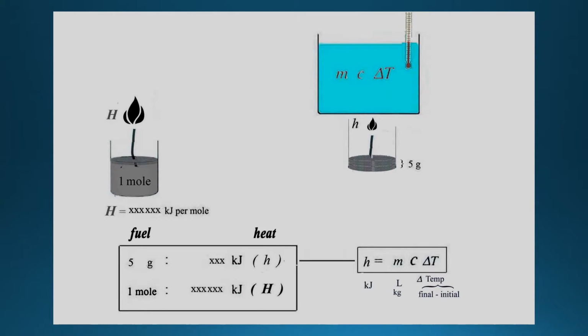I also need to highlight the units. Number 1, if you look at the temperature change, what is meant by temperature change? The final temperature minus the initial temperature gives you the change of temperature.